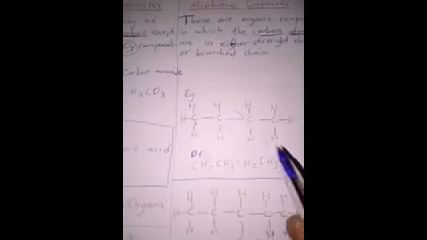So they qualify to be an aliphatic compound because the carbon atoms have to be in a straight chain or a branched chain. The name is just butane.